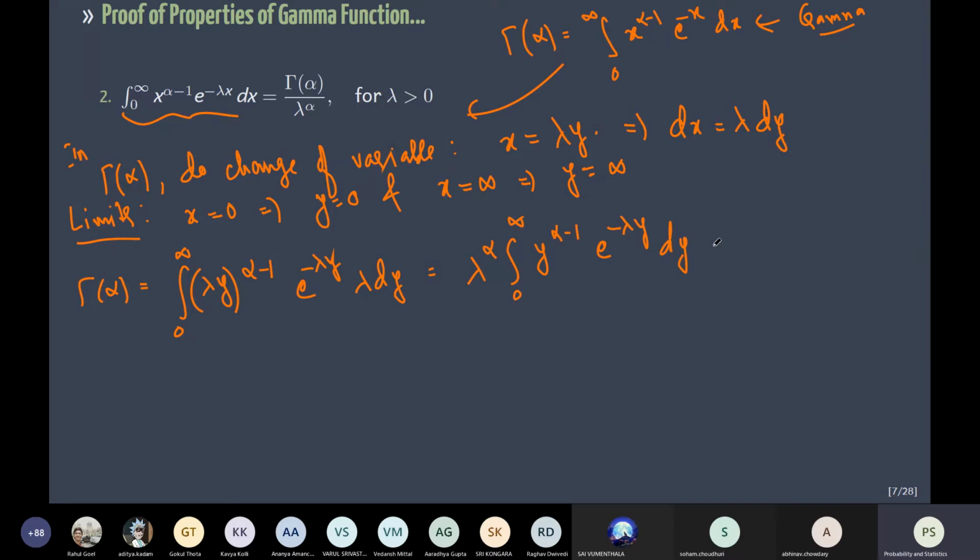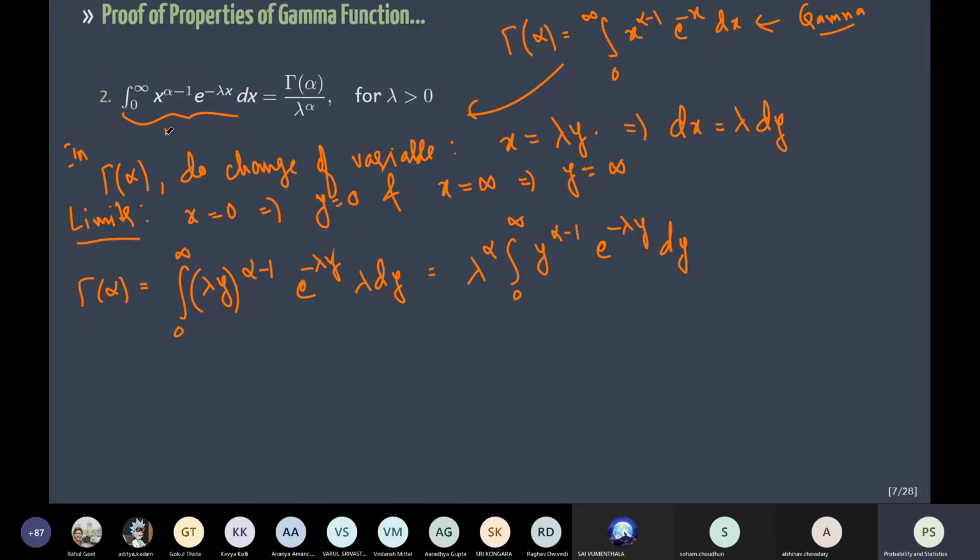But what is this guy here, right? Isn't this exactly the left-hand side? It's just that the variable is y, but variables don't matter in the integration, if the variable is the same throughout.